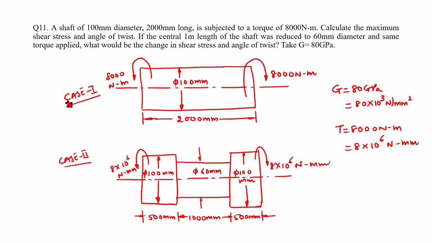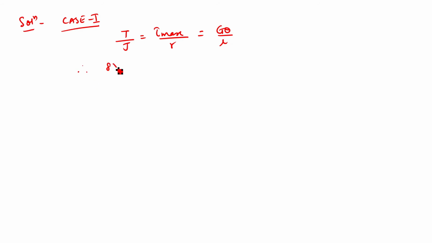So we will start solving for case 1. Case 1 is going to be very simple. T by J is tau max upon R is equal to G theta by L. I know the value of T is 8 into 10 raised to 6. J is pi by 32.